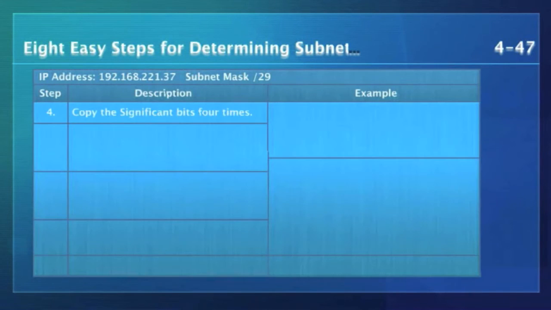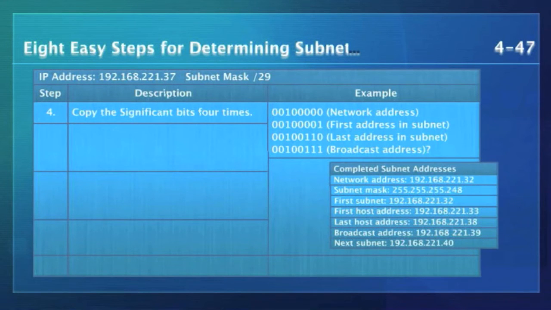Now we take those host bits and we copy them in 4 times. Once as all zeros, once as 001, once as 110, and once as 111.